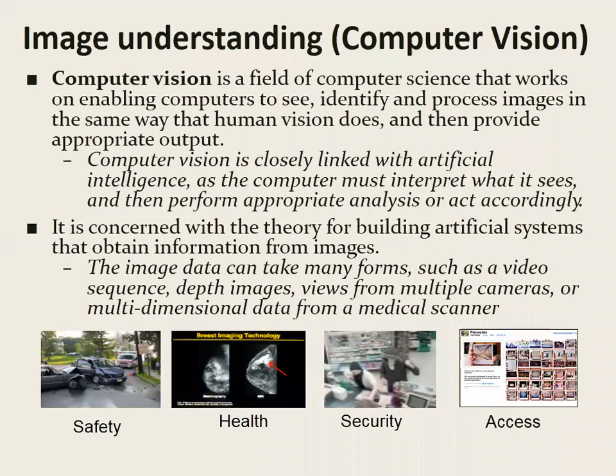So based on the features extracted and the model created by applying machine learning algorithms, then we can go for image understanding, which is also called computer vision, making the computer visualize the object. That means enabling the computer to see the object.